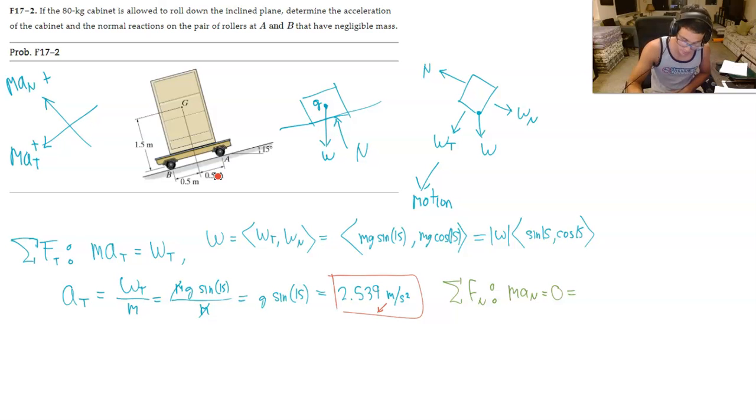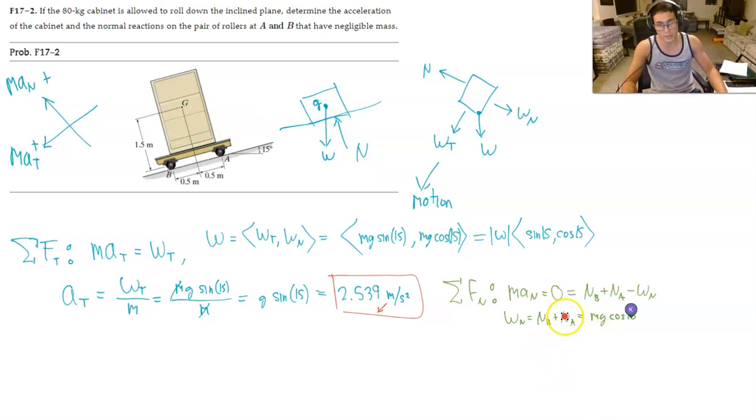Now, since it's at equilibrium, it is equal to 0 completely, but 0 is equal to what? It's going to be equal to the weight in the normal direction minus these reactions, N_B and N_A, and then minus W_N. So then we see that W_N is equal to N_B plus N_A. And W_N is equal to what? It's equal to the mass times gravity times cosine 15.